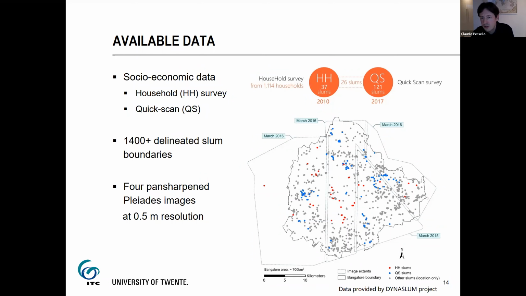In this case, 121 slums have been surveyed, and these are the blue dots in the map. Of course, we also had access to images, in our case Pleiades images, and the combination of four of them allowed us to cover the entire city. And an additional piece of information that we will see is very useful: we also had delineated slum boundaries for more than 1,400 slums in the large city.